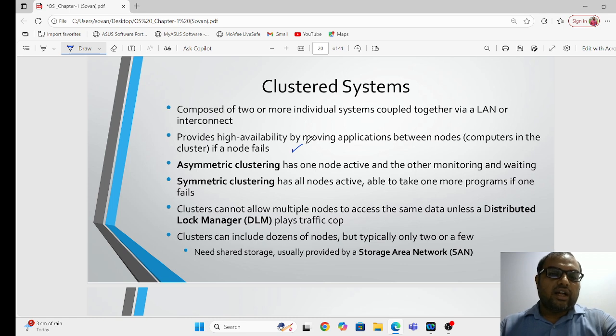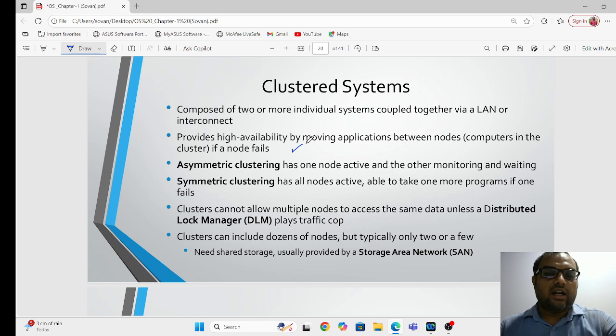Then asymmetric clustering. In asymmetric clustering, one node is active and the other is in monitoring or waiting state. After completion of the active node, the other will get the chance.